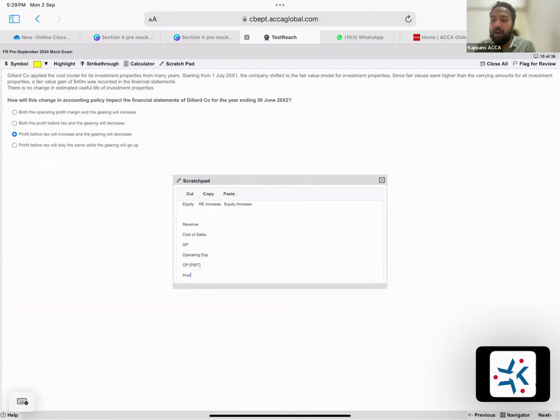After operating profit, we show investment income, which is where we show fair value gain of investment property. So investment income increasing or decreasing will not affect operating profit, but it will definitely affect PBT, because investment income, then finance cost, then we get PBT.